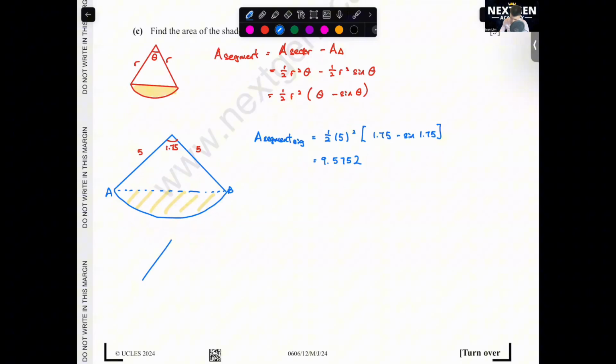Okay, the next one, we use a smaller segment. This is based on ODC. Here is 0.75, here 5.